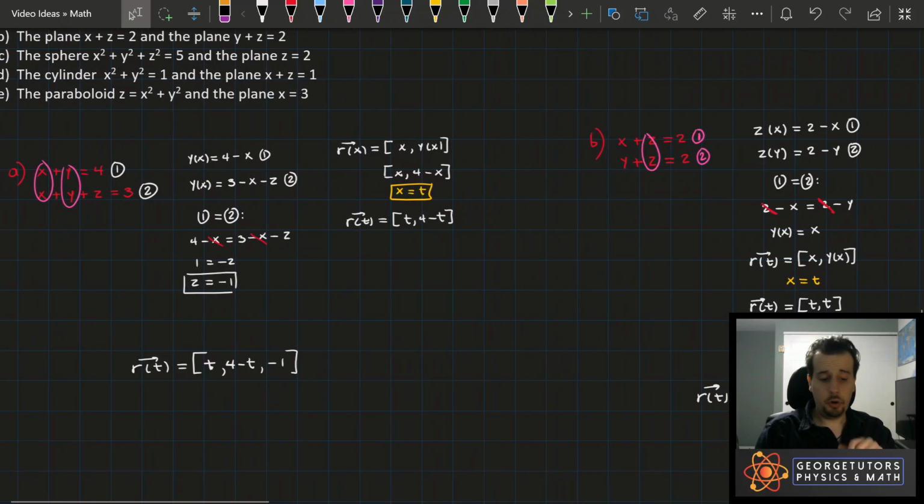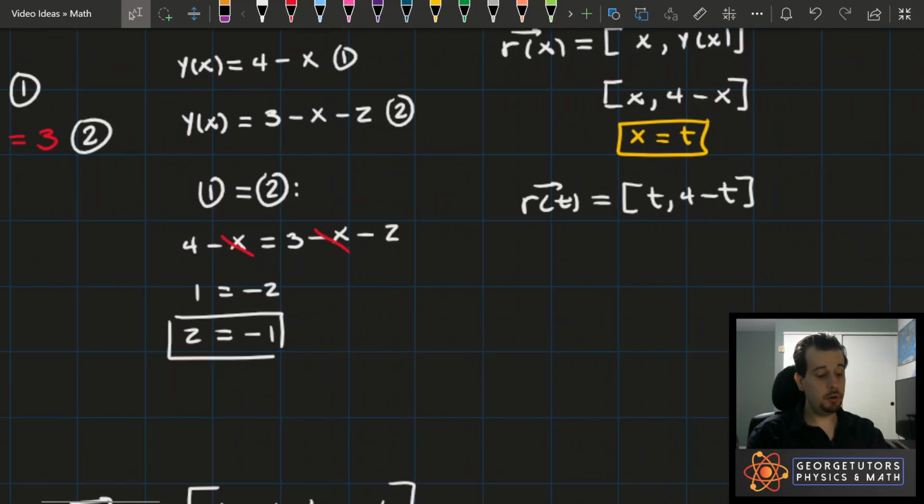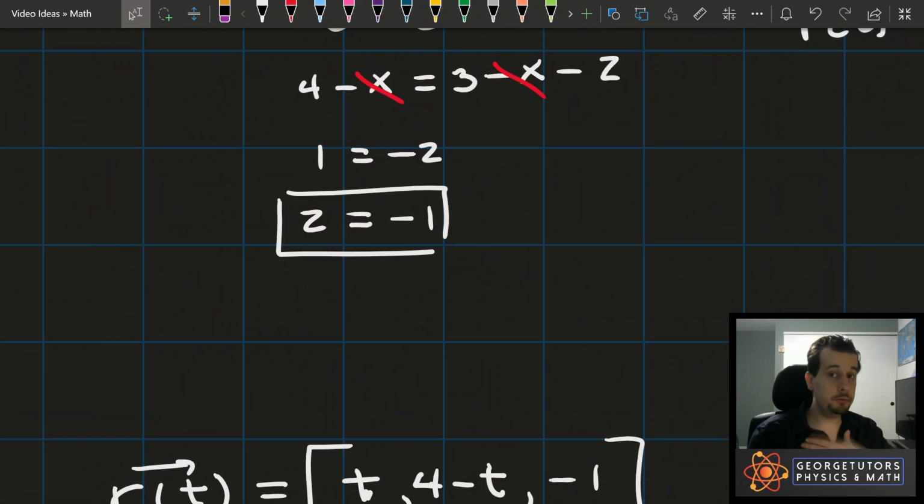Some of them are a little bit hard because we need to use our brain a little bit and think who is the actual independent variable in all of this? Like in the two equations that we're merging right now, who is the actual independent variable? And that one is actually going to be the parameterization. Sometimes we get explicit numbers to pop out. For example, here we got an explicit number for z. That means it doesn't depend on any t.